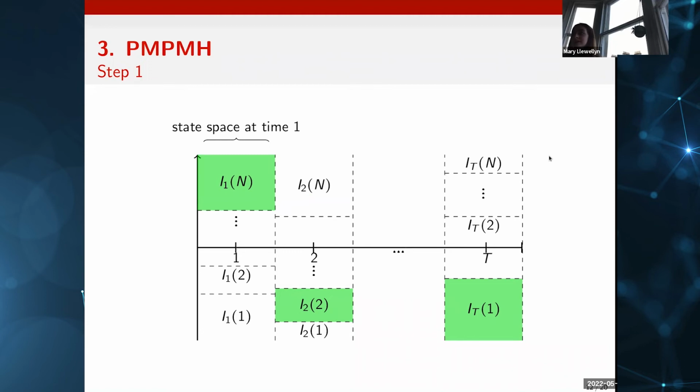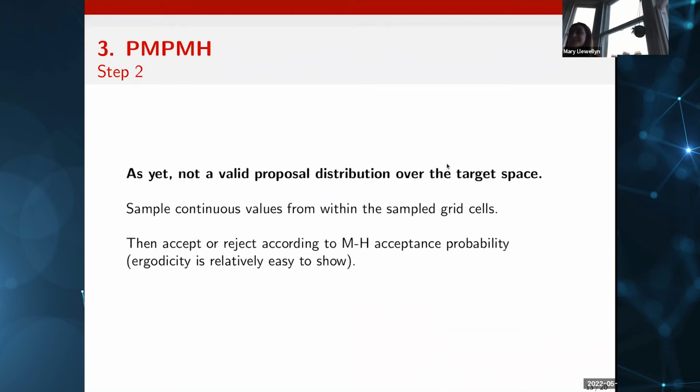Okay, so as yet, we're not quite there. We've obtained a sample from the discrete representation of the conditional density. I keep saying posterior, sorry. Clearly, using the fact that we have a sample from this discrete representation means that we don't have a valid Metropolis-Hastings proposal distribution.